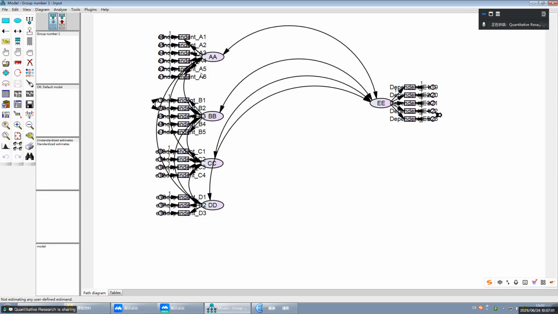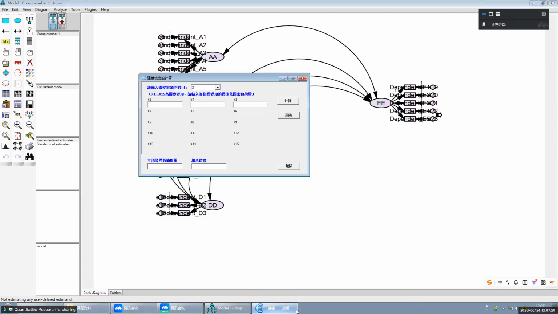If we want to compute the scores, what should we do first? We use factor loadings, right?